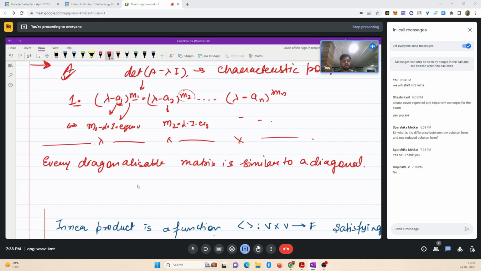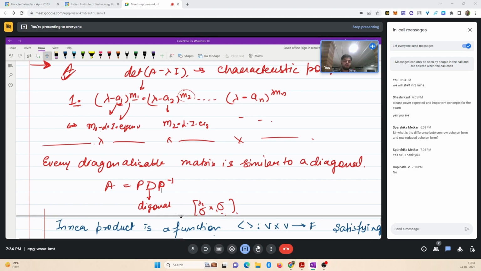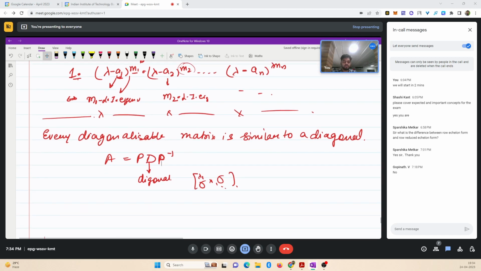Now I wrote the definition of similar matrices. So what would happen is that my A would be equal to P times some diagonal matrix D times P inverse. This D is a diagonal matrix. How does a diagonal matrix look? You have elements only on the diagonal and zero everywhere else. This is a property of a diagonalizable matrix.